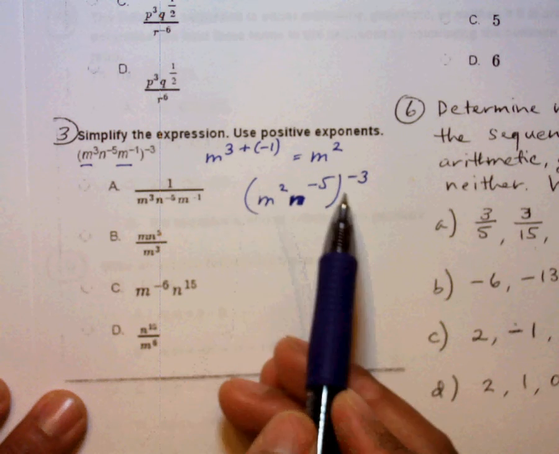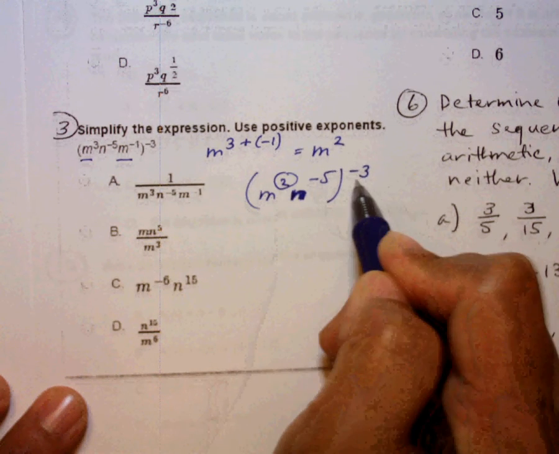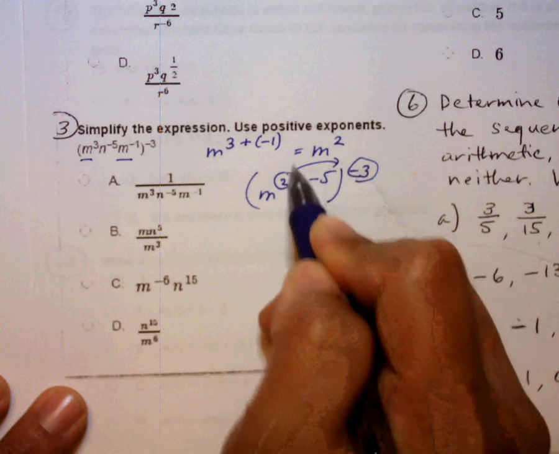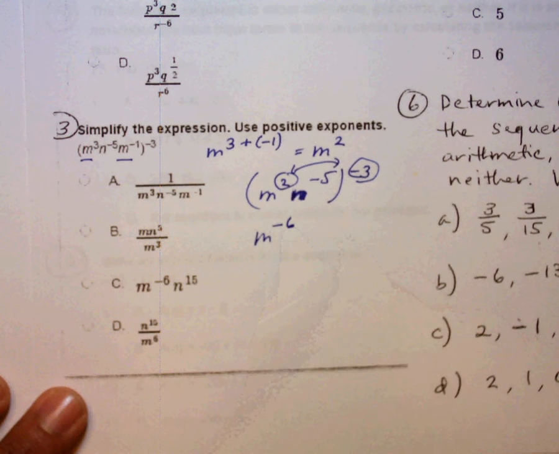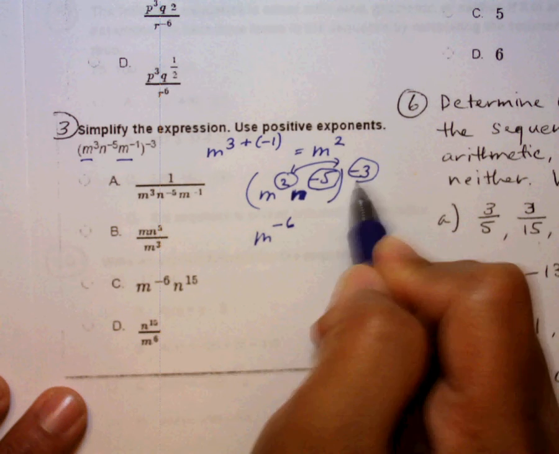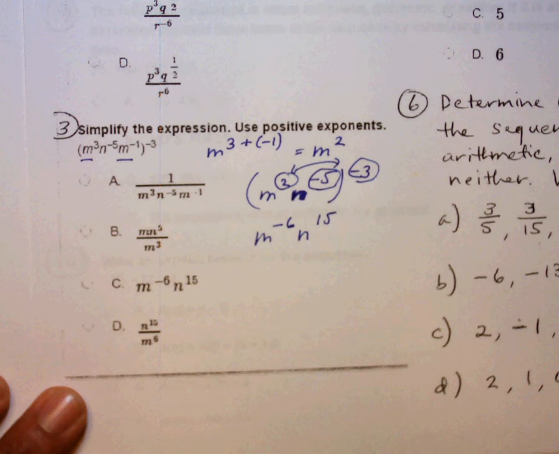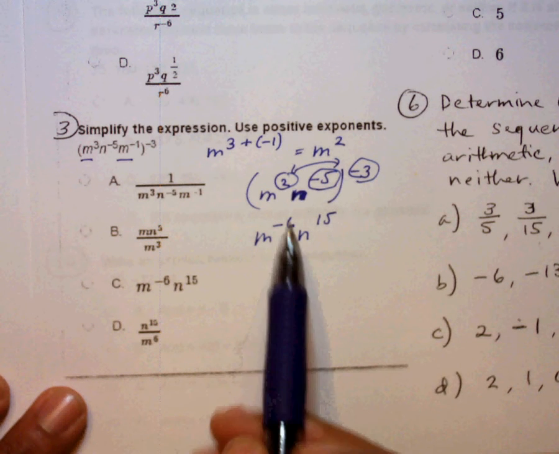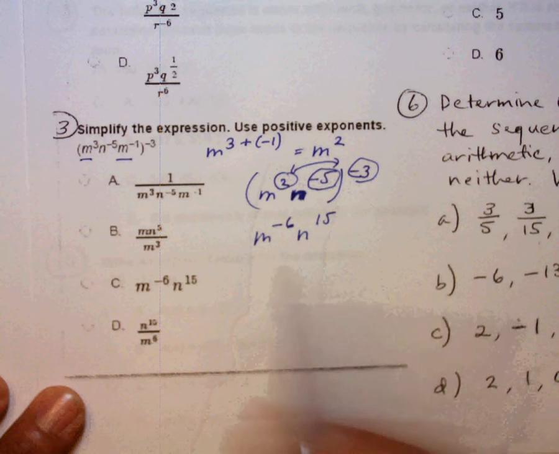Now I have powers with powers. That means you're going to multiply the exponents, like you distribute. So this times this will be m to the negative 6th power, and the negative 5 times the negative 3 is n to the 15th power. But that is not what it's asking. It says use positive exponents.